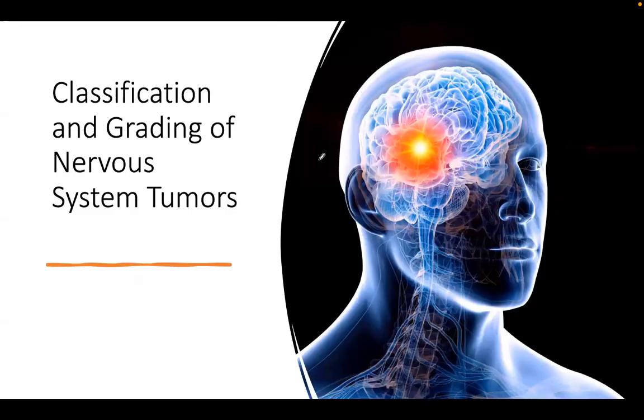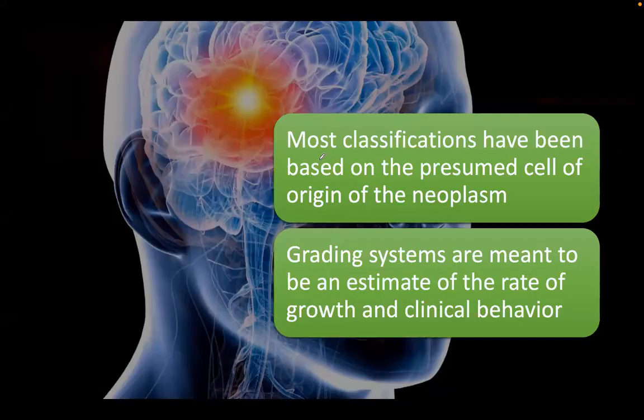So for the classification and grading of nervous system tumors, okay, we usually base the classification on the presumed cell of origin of that neoplasm. So as mentioned earlier, if it comes from lymphocytes, it's lymphoma. Okay, if it comes from the oligodendrocytes, it's called an oligodendroglioma, and so on. So what is the purpose of this grading system?